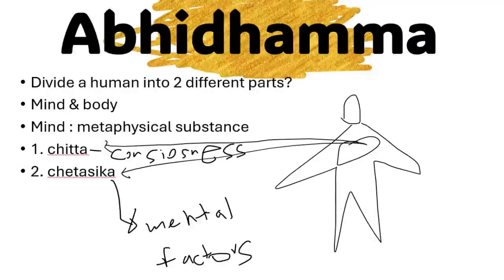So you can see this is a plural noun, mental factors, which means there are many chetasikas, but the consciousness is one single thing. So how many chittas do we have in our mind? Only one. But how many chetasikas do we have in our mind? Actually, we cannot decide that one, because it can be any number of chetasikas in our mind. It depends on the situation, but the total number of chetasikas we have is 52.